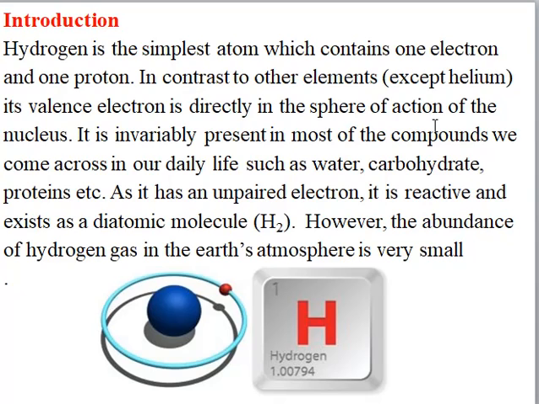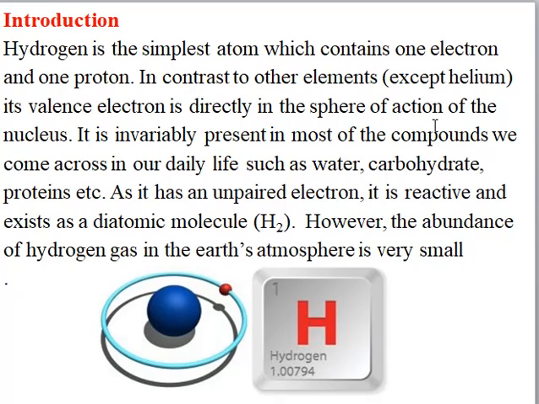It is invariably present in most compounds. When you see water, carbohydrates, proteins, fats, everything we use in day-to-day life, it mostly contains hydrogen. And it has an unpaired electron.